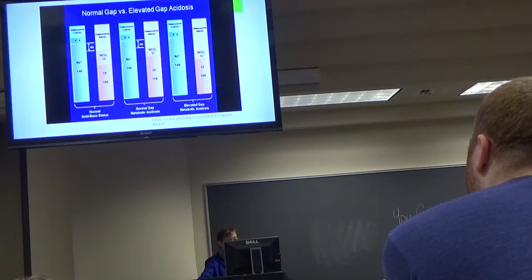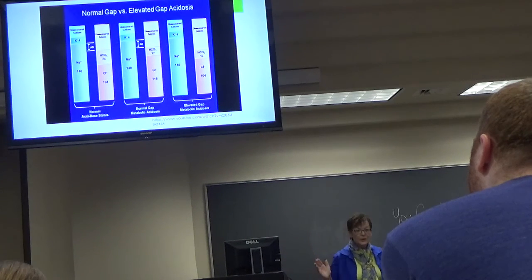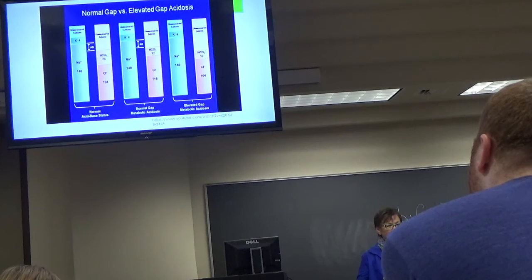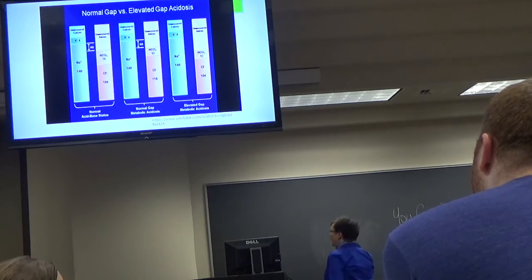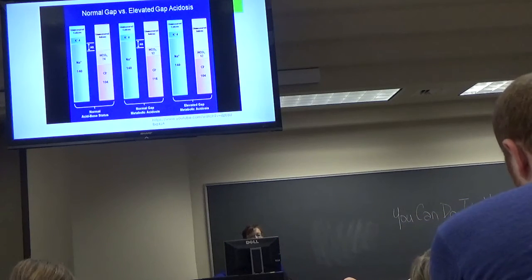Then your anions are chloride, your major one, and bicarbonate. Then you've got these unmeasured anions. But electrically, we're neutral, right? We don't have any little zing about us or any charge that we give off, right? Most of us. So there is a gap in between the measured anions and cations.